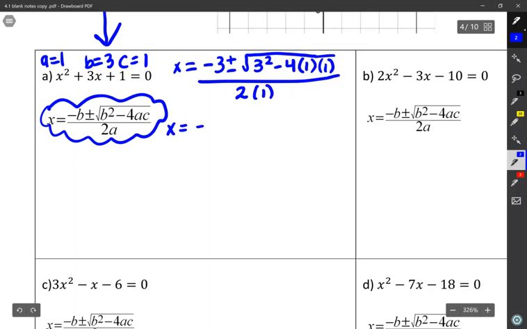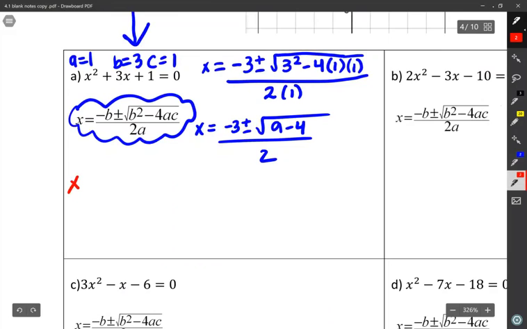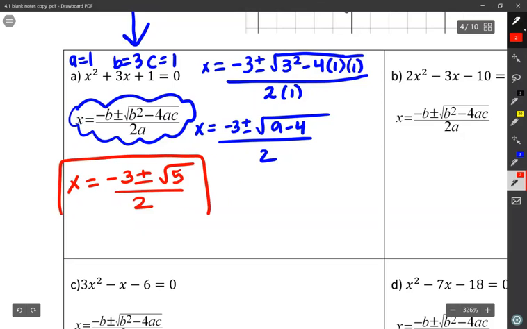So x equals negative 3 plus or minus the square root of 9 minus 4, over 2. Keep cleaning it up. That's actually how I would leave my answer.